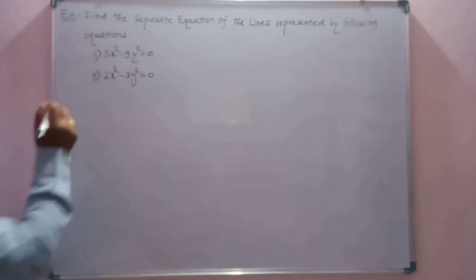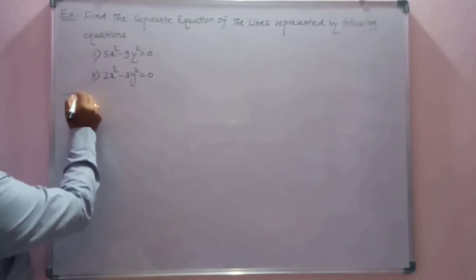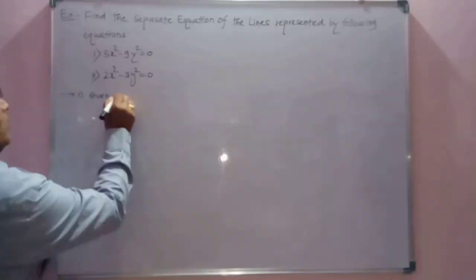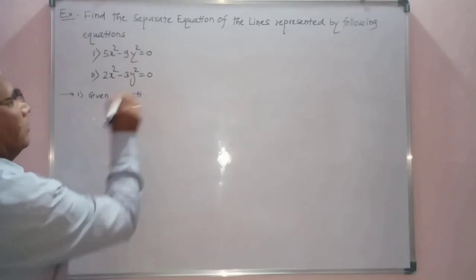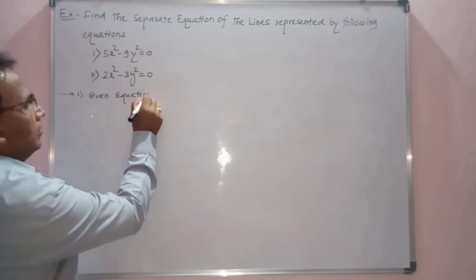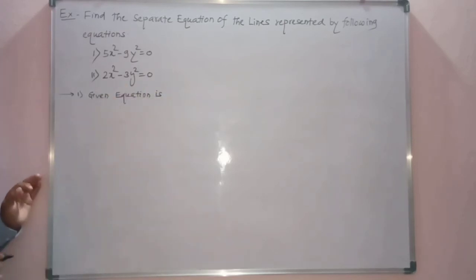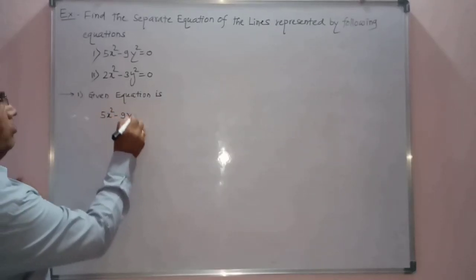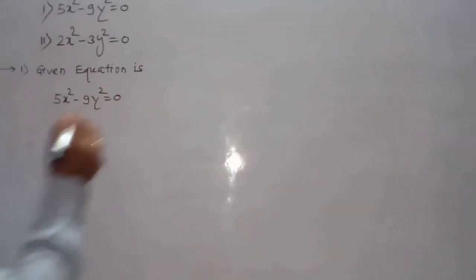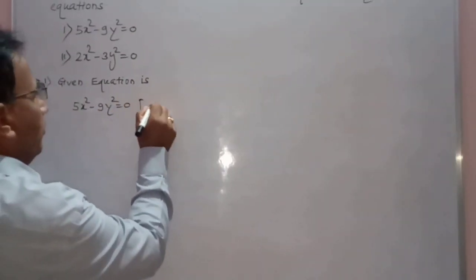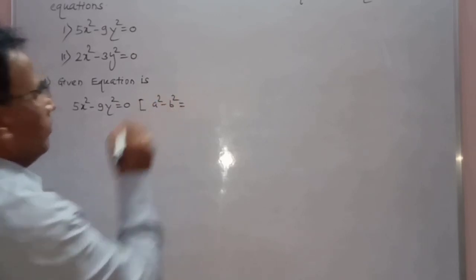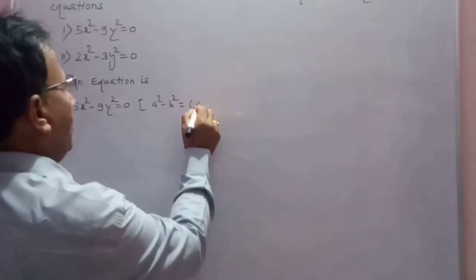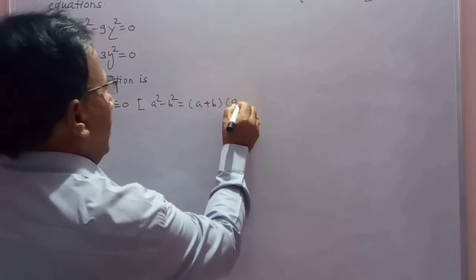We see the first given equation is 5x square minus 9 into y square equal to 0. We use the formula a square minus b square equals, factorised, a plus b into a minus b.